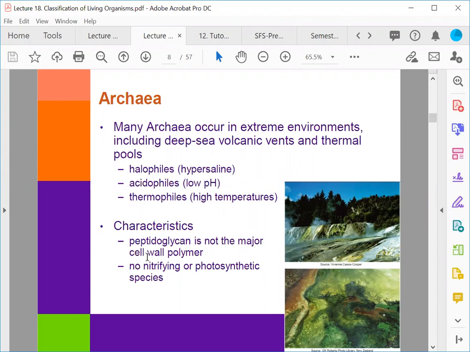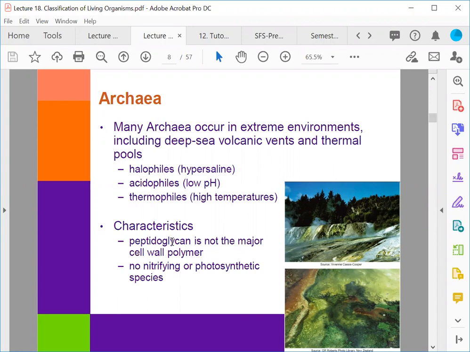As I said earlier, that complex compound called peptidoglycan is not found in cell walls of archaea. So biochemically, they're quite different. There are quite a few other differences. Their ribosomes are very different to the bacteria.